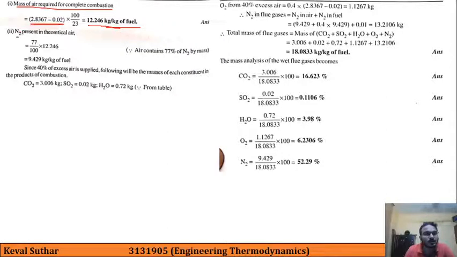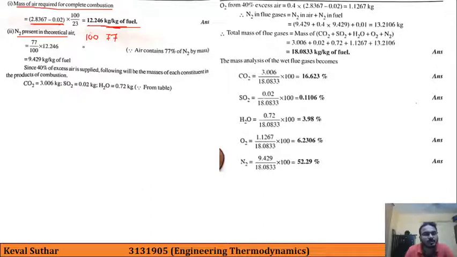Now N2 present in the theoretical air. Our theoretical air is this. To obtain the value of N2, in 100 kg of air, 77 is N2.